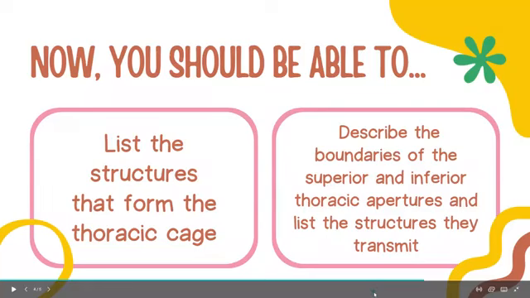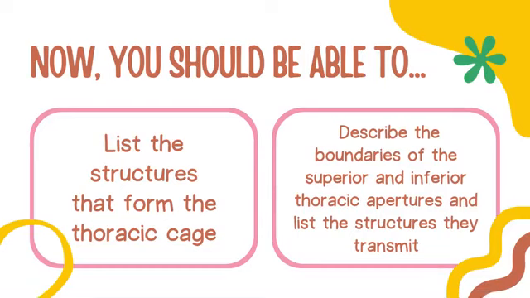Now, you should be able to list the structures that form the thoracic cage and describe the boundaries of the superior and inferior thoracic apertures and list the structures they transmit. All right. So I gave you specific structure names for the superior thoracic aperture. And remember that it's also known as either the thoracic inlet or the thoracic outlet. You don't need to know the specific names of all the vessels and nerves yet. We'll learn them later.